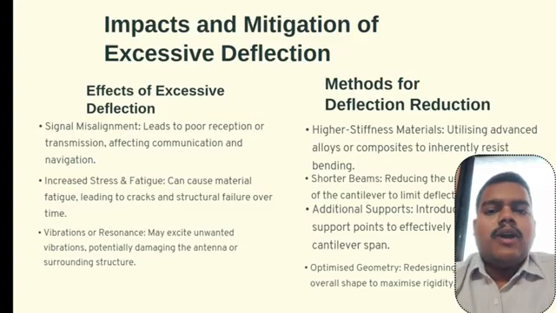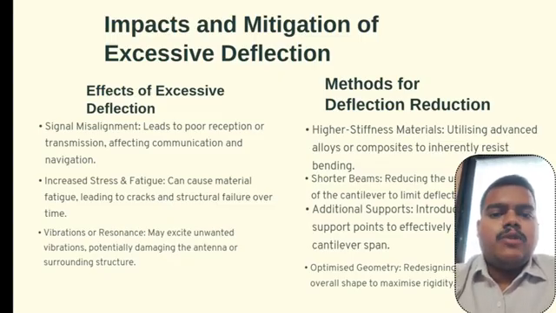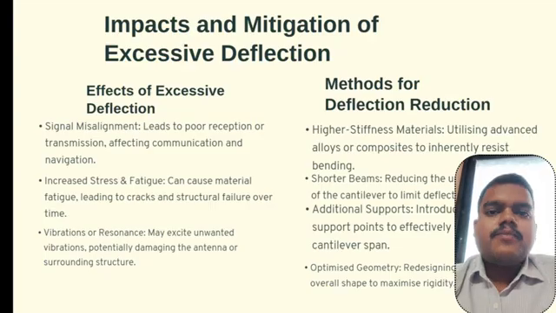And third, vibrations or resonance can damage the antenna equipment itself. To prevent these problems, we use high stiffness materials, optimized geometries, and shorter beams, and sometimes additional supports or brackets. All these strategies help keep the antenna stable even under harsh conditions.